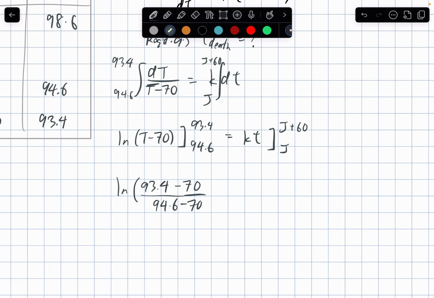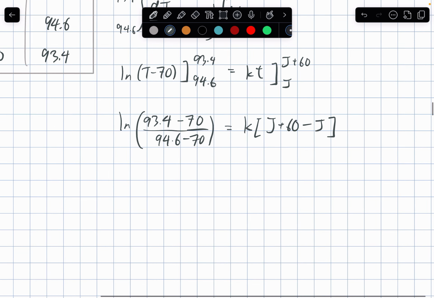If you noticed so far, whenever we try to subtract here, we don't end up with a negative. So if ever you see your value to be like this, something's wrong. Okay, so J is eliminated. This is 60k on the right side.